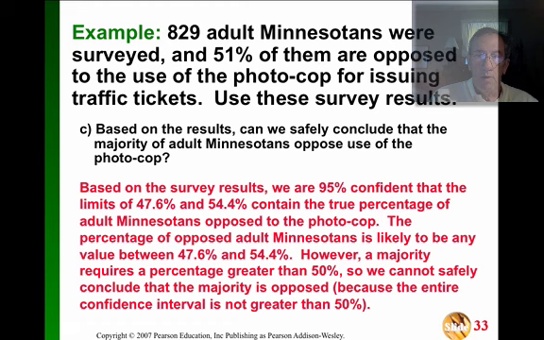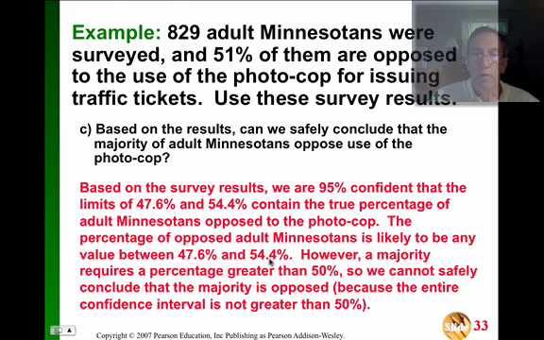However, a majority requires a percentage greater than 50%, so we really can't say a majority is opposed, even though the interval goes up to 54.4, because the bottom boundary of the interval, 47.6, is less than 50%. So the true proportion could actually be less than 50%.